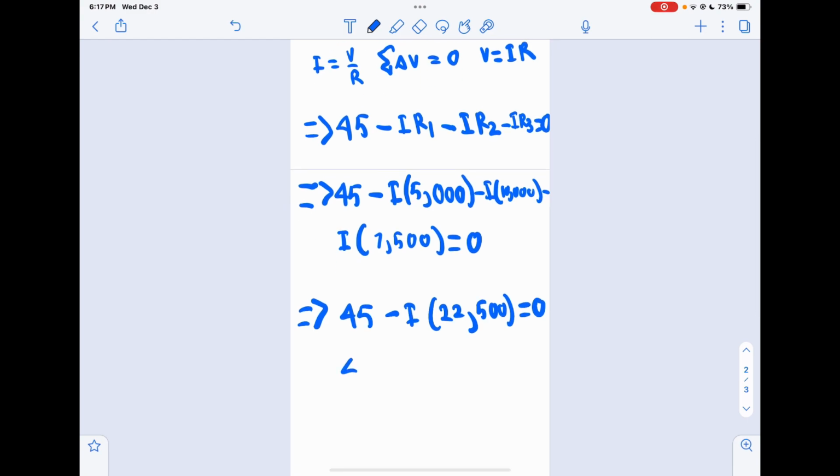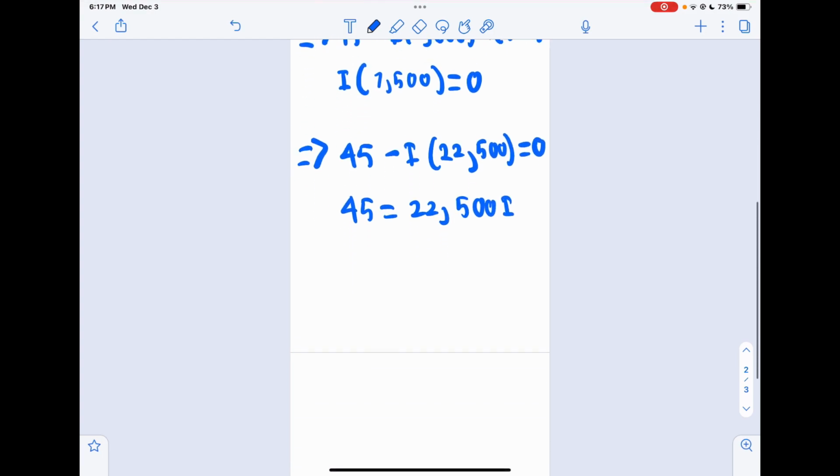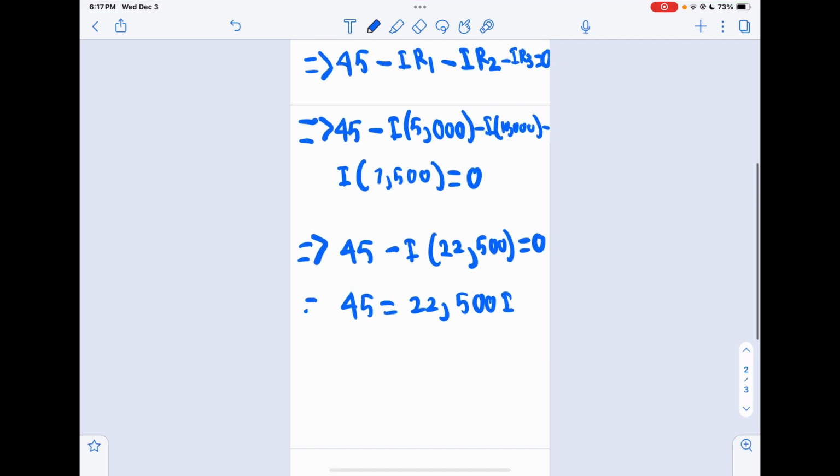And so 45 equals 22,500 I. Now you're just going to want to divide by 22,500 to get the current.